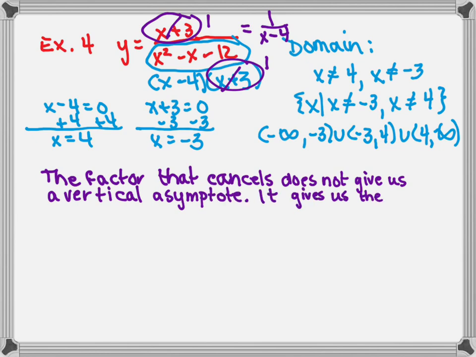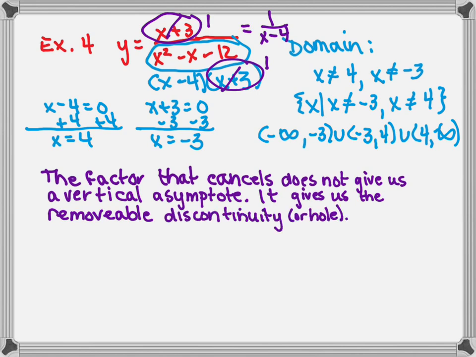Instead, it gives us a removable discontinuity, also called a hole. So we only have one vertical asymptote for this problem. We have a vertical asymptote at x equals 4. And our other factor, the x plus 3 that canceled, leads to the x value of where we have a removable discontinuity. Let's look at one more example.